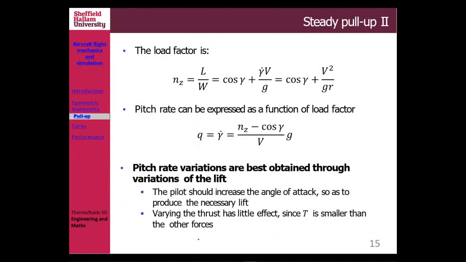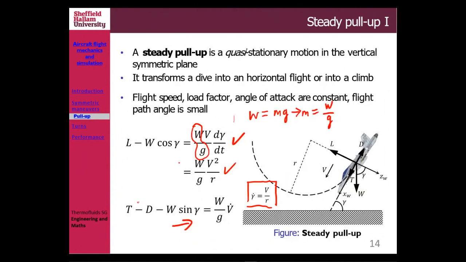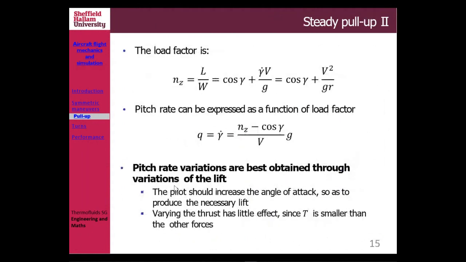Okay. Now, what actually could tell you in this regard, obviously from the first equation there, right? So if you look at a steady pull-up, then you can consider L divided by W is your Nz.